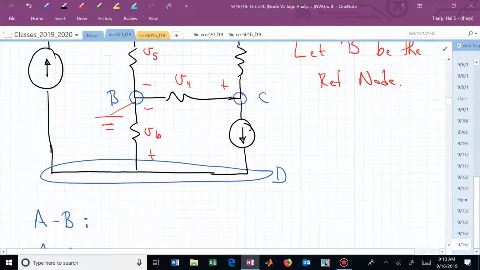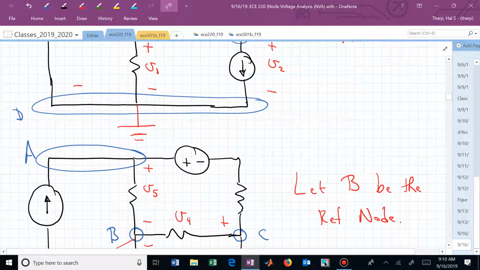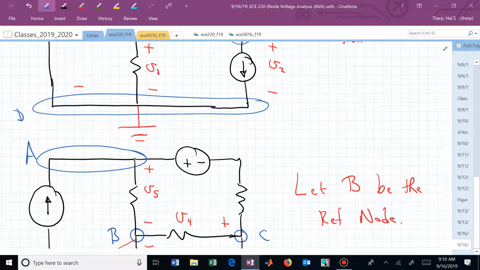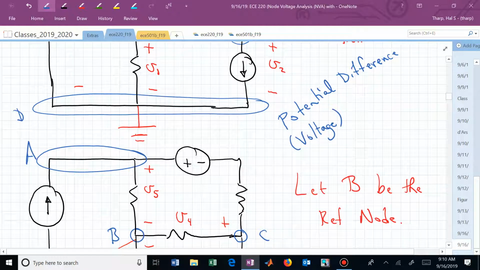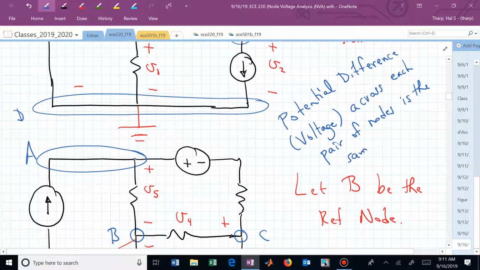What I'm suggesting in this discussion is that the potential difference, which is really just the voltage across each pair of nodes, is the same in each circuit.